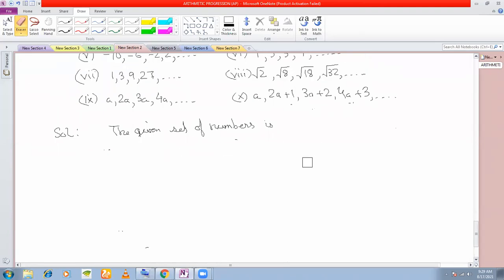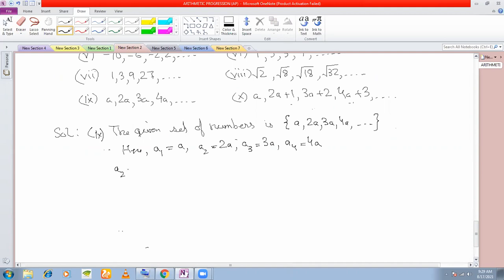Start with number 9. The given set of numbers here is A, 2A, 3A, 4A, and so on. So here A1 is equal to A, A2 is equal to 2A, A3 is equal to 3A, A4 is equal to 4A.